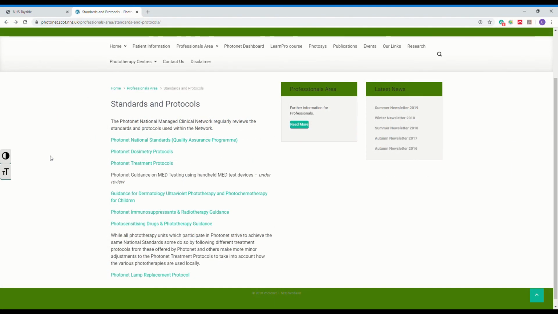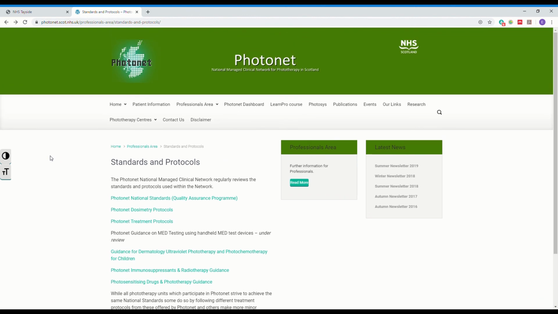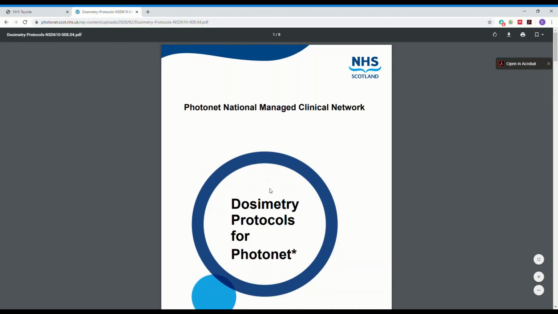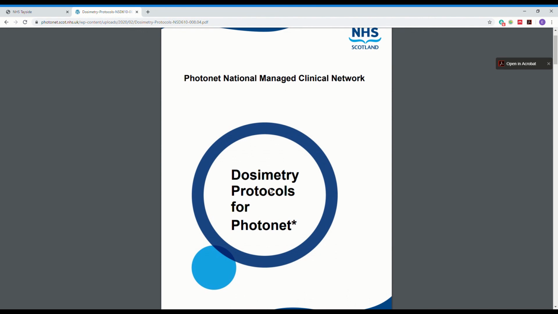Another good location for information on UV phototherapy is the Photonet website. Photonet's the national managed clinical network for UV phototherapy in Scotland. They have a professionals area, which when you go into it, you'll see there's a standards and protocols section, and in there are the Photonet dosimetry protocols. It's an easy to read document that provides some useful information.